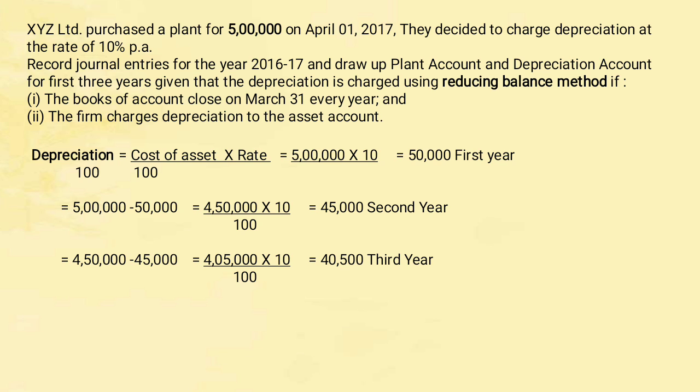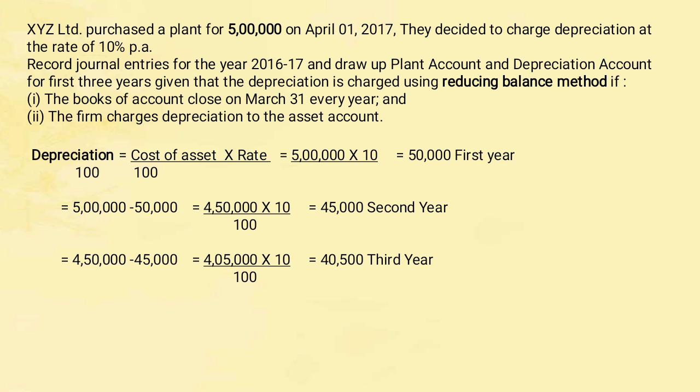In the reducing balance method, we can calculate our depreciation amount first. In the first year we charge depreciation on the cost value. Cost of assets multiplied by rate divided by 100, that is our equation, and the cost price given is 5 lakh multiplied by 10 divided by 100, which is equal to 50,000. So in the first year total depreciation will be 50,000.